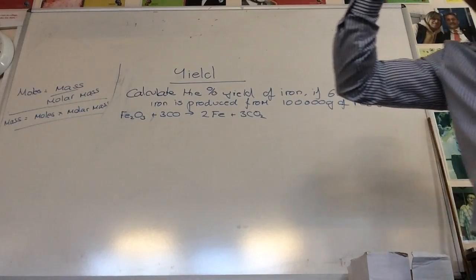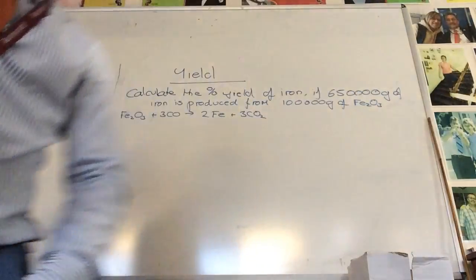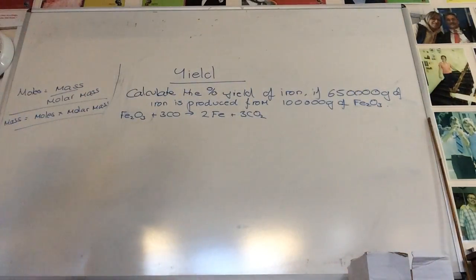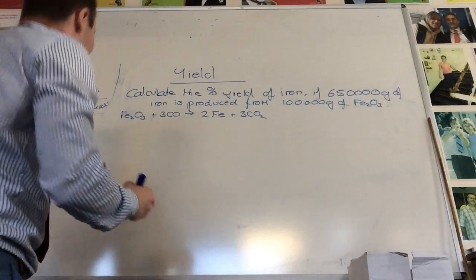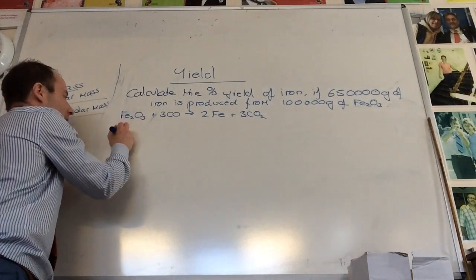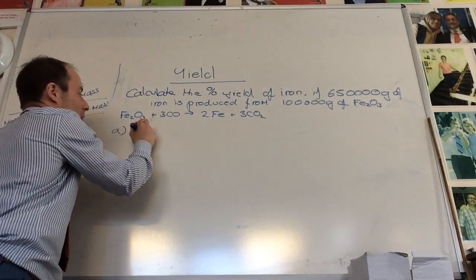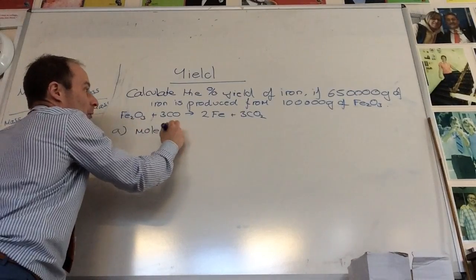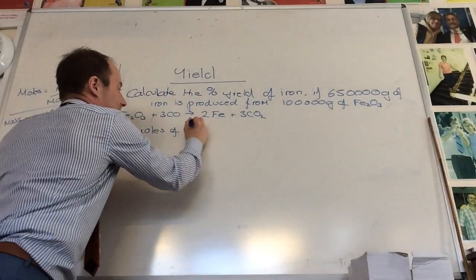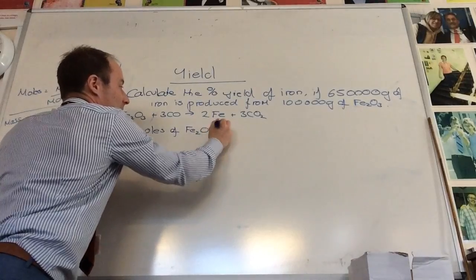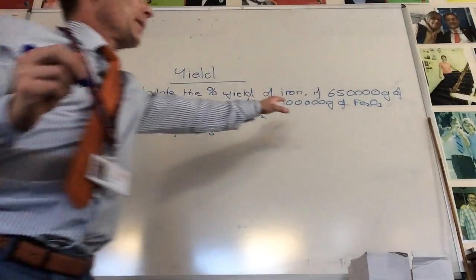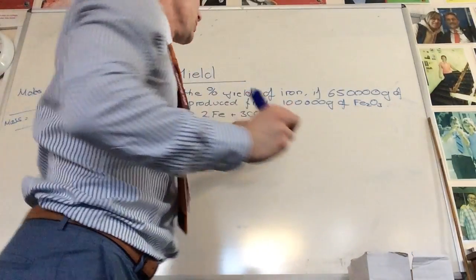The first thing I have to do is calculate how much theoretically I would expect to make. So we're going to go through exactly the same stuff that we did before. The first thing I do is calculate moles of Fe2O3. I started with 1,000,000 grams of Fe2O3.